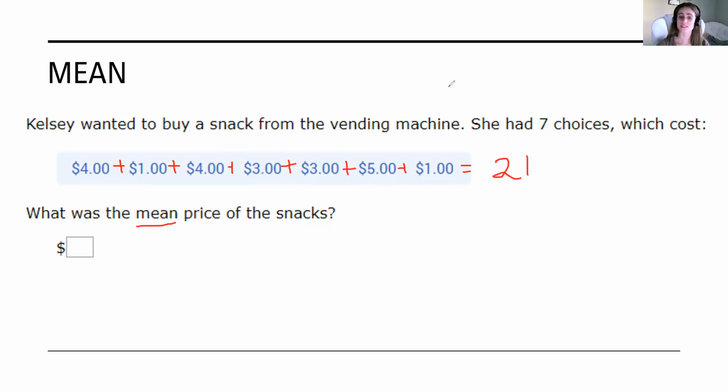Our next step is to divide by the total number in the data set. The nice thing is it told us right here we have 7 choices. If we double check that, yep, 1, 2, 3, 4, 5, 6, 7 numbers. 21 divided by 7 is 3. Therefore, the mean, the average price for those snacks is $3.